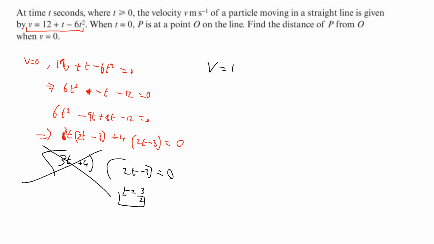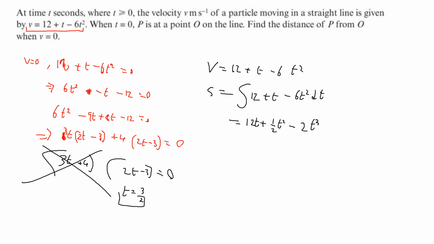Well, if v is equal to 12 plus t minus 6t squared, then s is equal to the integral of 12 plus t minus 6t squared dt, which is 12t plus a half t squared minus 2t cubed plus 0. And the reason why we do plus 0 is because we know that it starts at the origin.